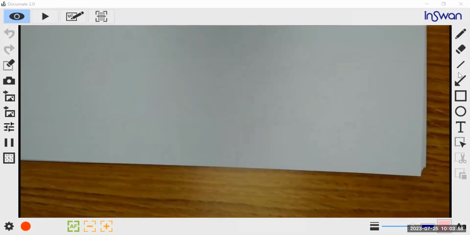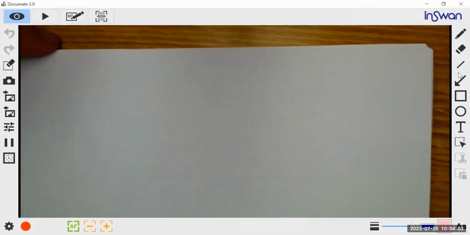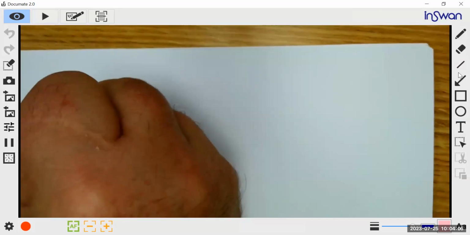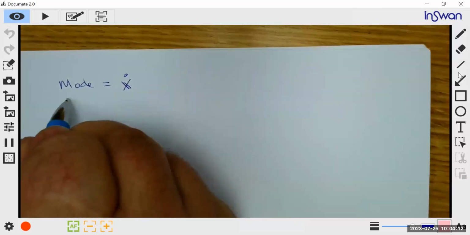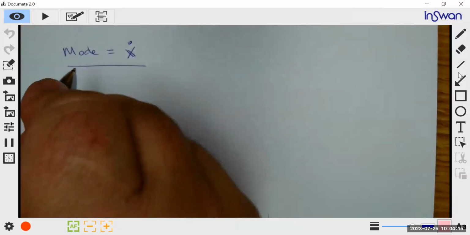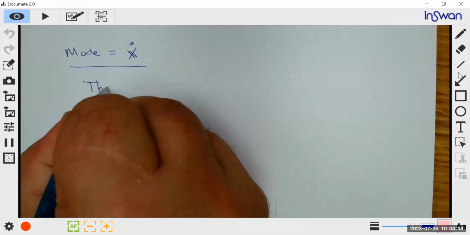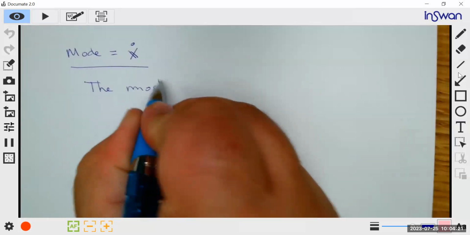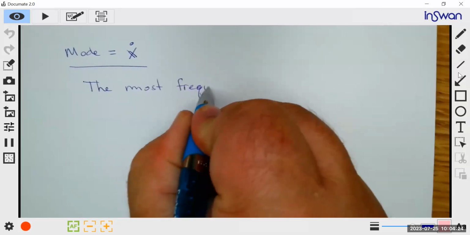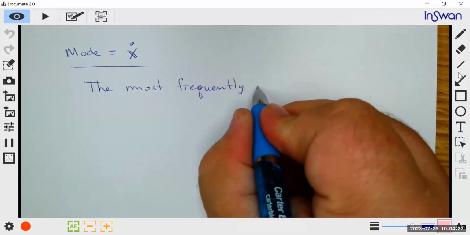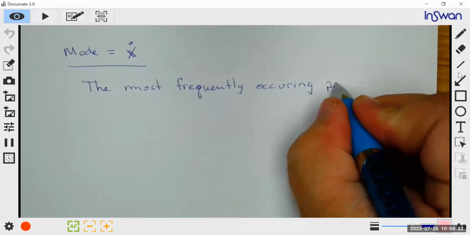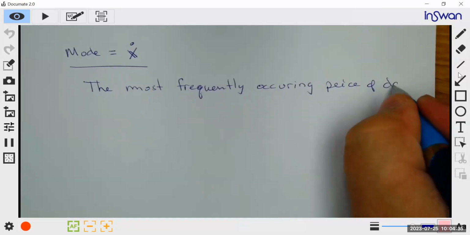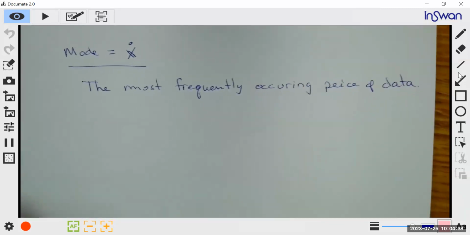And then the third one is the mode. It's the most frequently occurring piece of data.